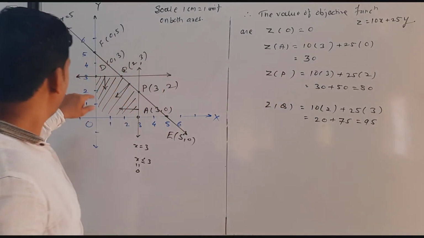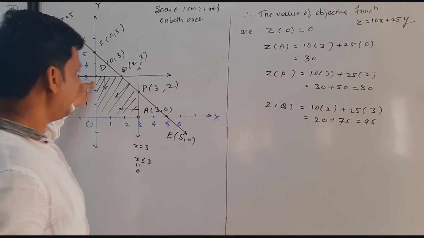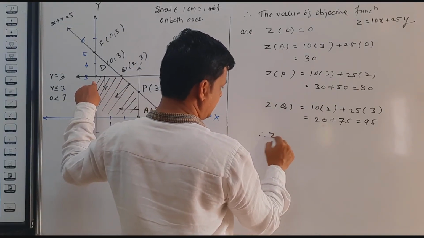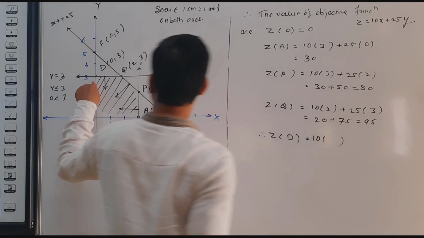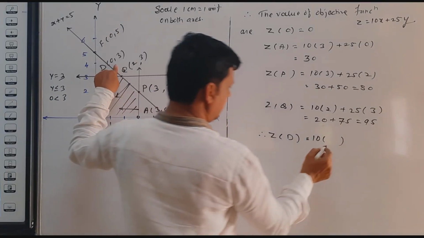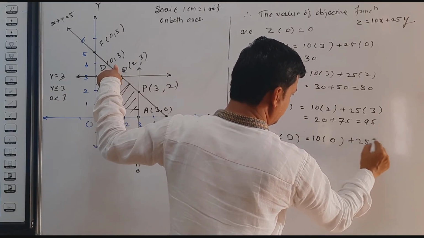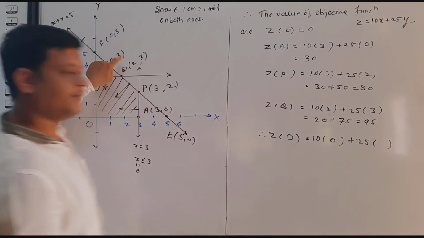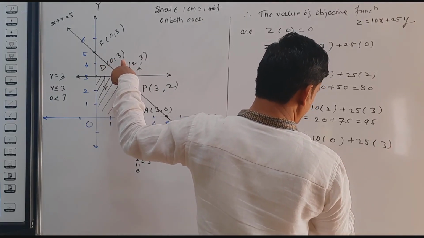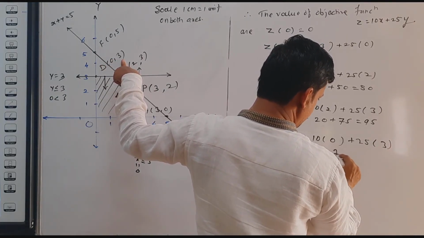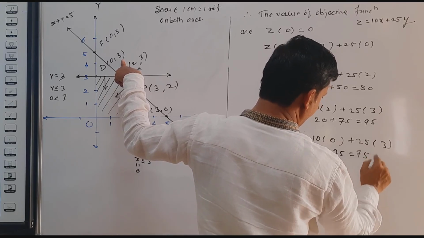Then we have to find the value of Z at point D. Therefore, Z of D is 10 into 0 plus 25 into 3, since D has coordinate (0, 3). So we get 0 plus 75, which is equal to 75.